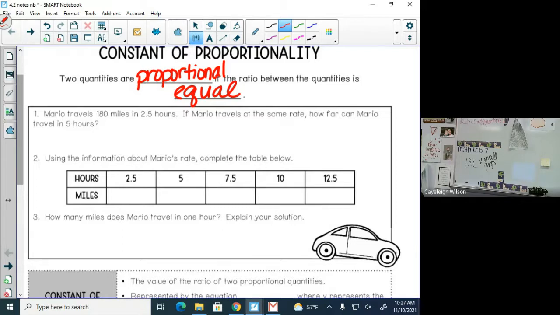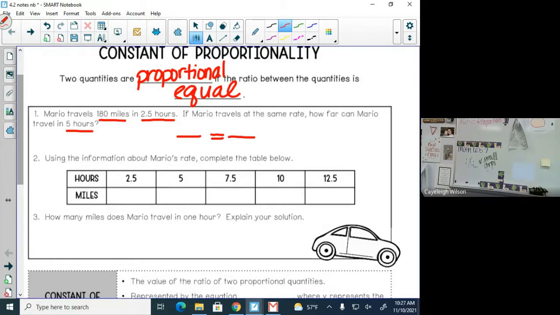It says Mario travels 180 miles in 2.5 hours. If Mario travels at the same rate, how far can Mario travel in 5 hours? So I want you all to set up a proportion real quick, like we did yesterday. What the whole day was about yesterday was how to set up proportions.